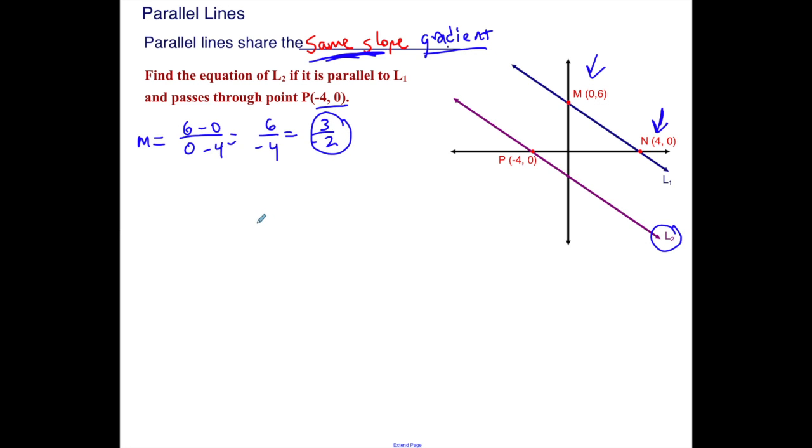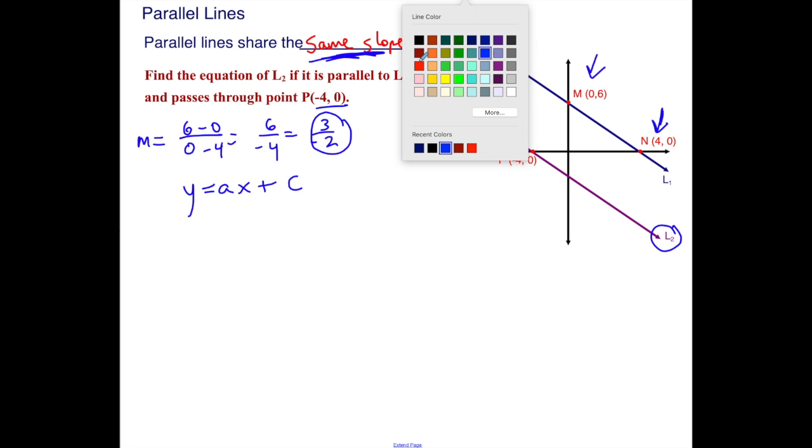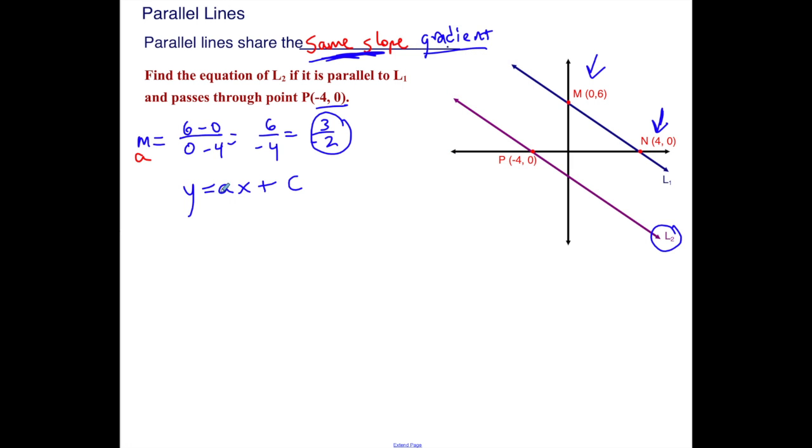They're parallel. Now we want to write the equation in this form: y equals ax plus c. Or remember, this is the same thing as a, because it's the slope. This is m, same thing. And so we'll say, okay, we have the slope. We need this one, c.